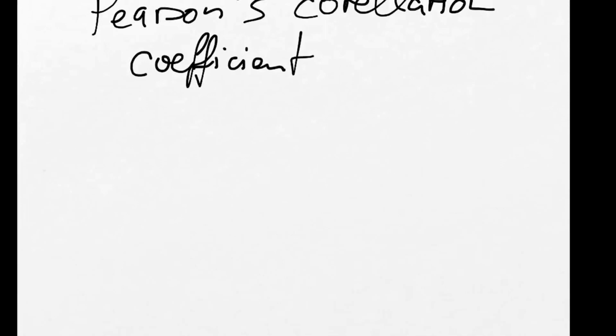So you have the Pearson's correlation coefficient, and this is usually abbreviated with R. The equation for that is rather unpleasant, and I don't want to show it to you. But what you should remember is that Pearson's correlation coefficient tells you whether it is a positive or a negative correlation, or no correlation.